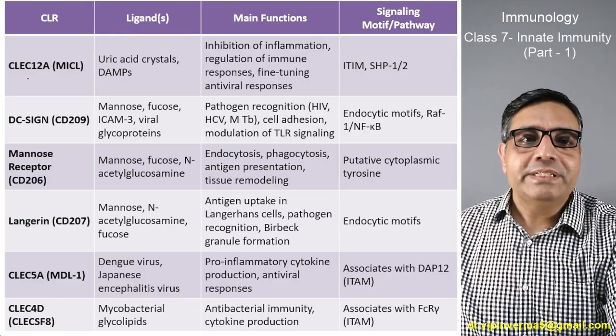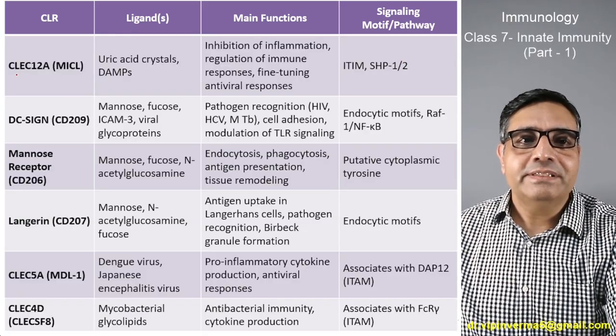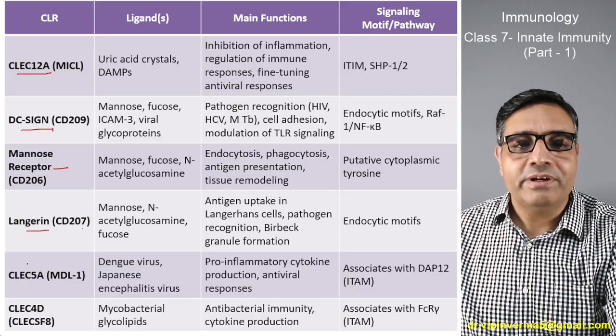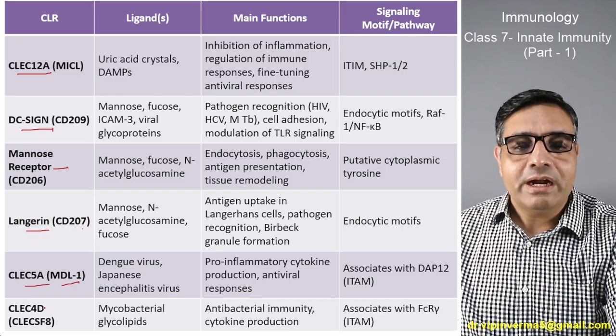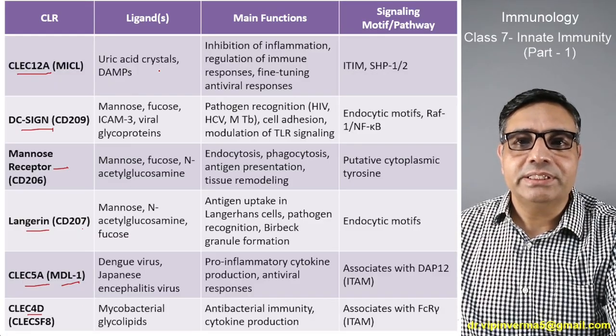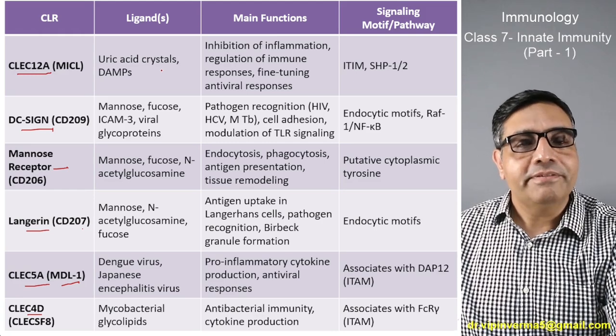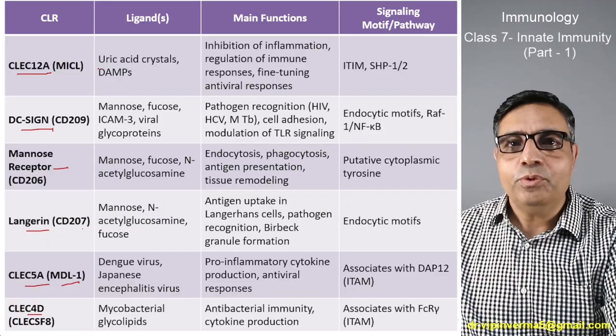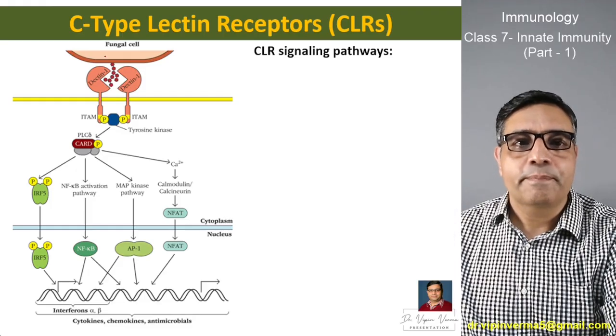Now again, here we have CLEC12A, then DC-SIGN, then mannose receptor, then Langerin or CD207, then CLEC5A or MDL1, and CLEC4D. And here you can see different ligands, their main functions, and signaling motif or pathway. So you can pause this slide and take a note of this.